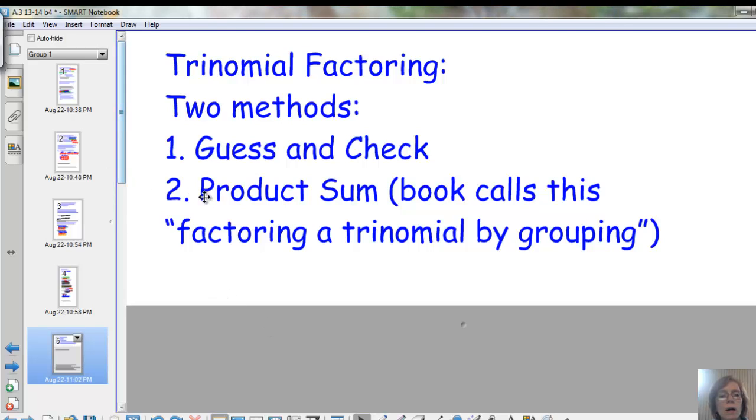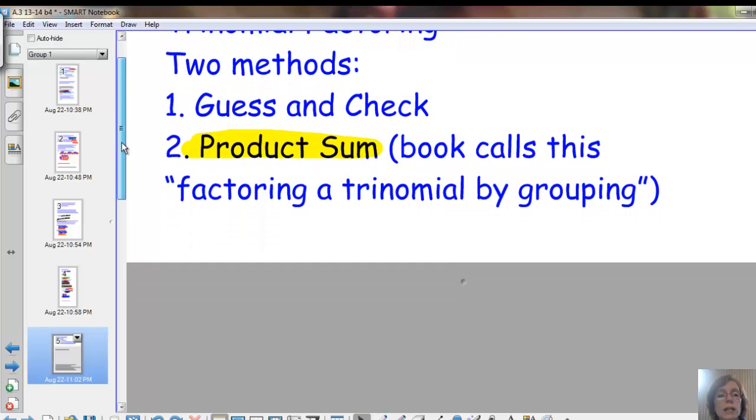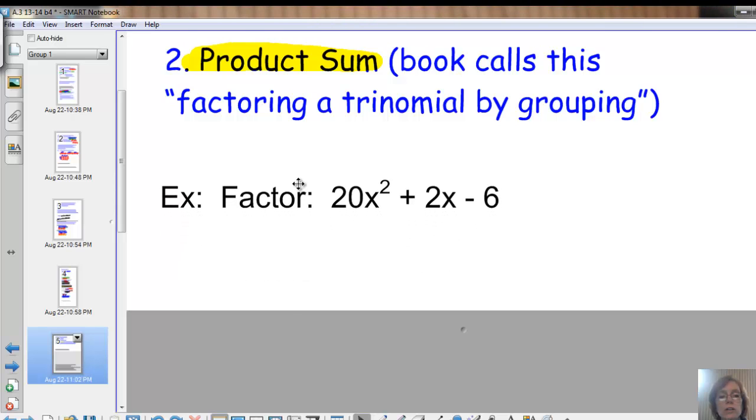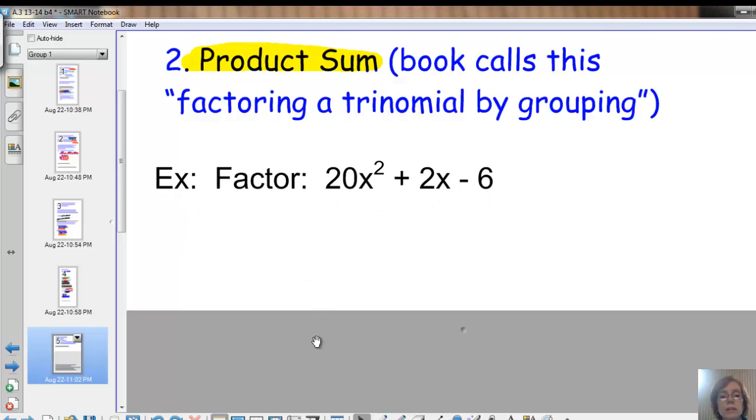I personally prefer the product sum technique, but if you're good at guess and check, that's fine also. I am going to show you how to do the product sum technique in case you want to use that method for factoring. Alright, so let's take a look at this example.